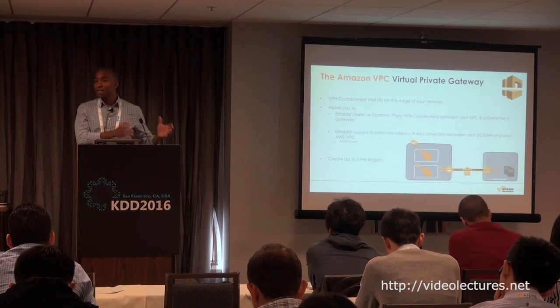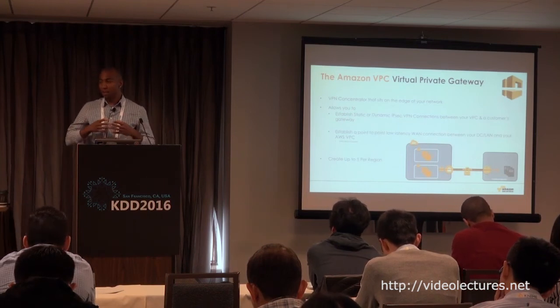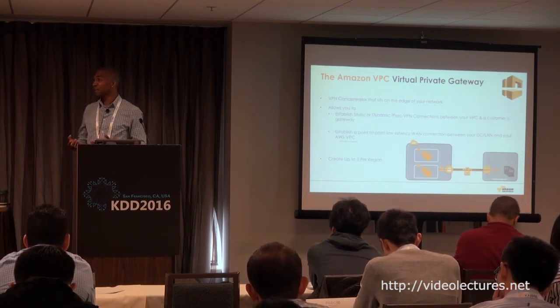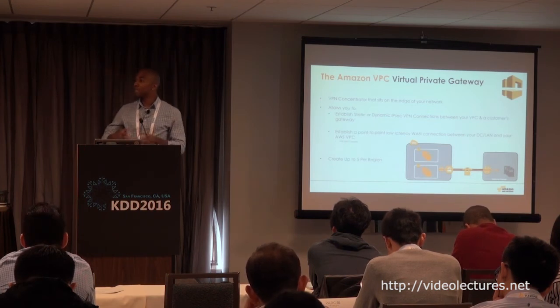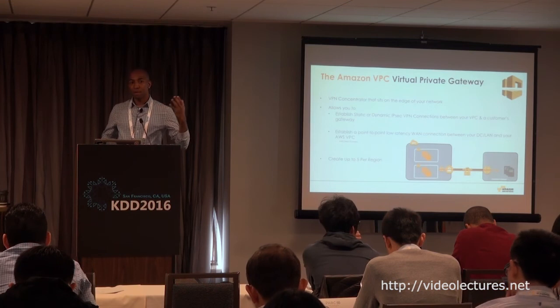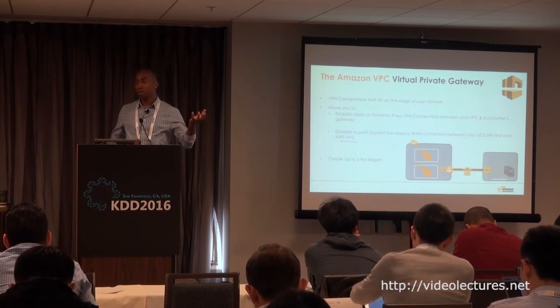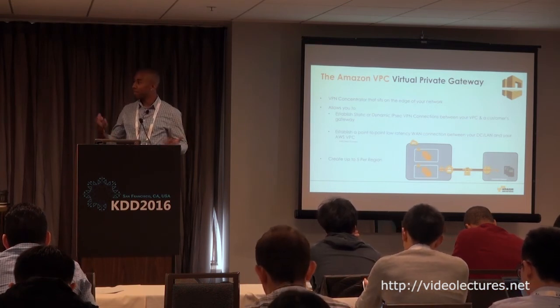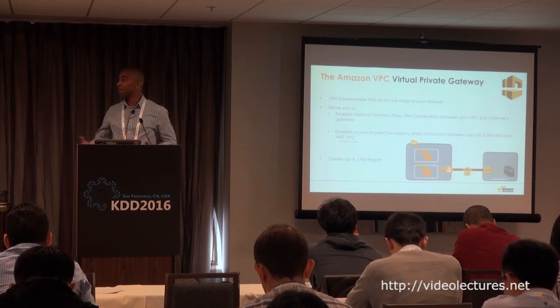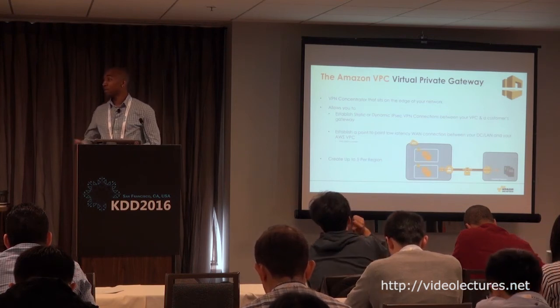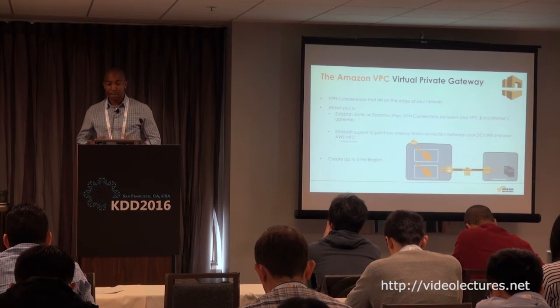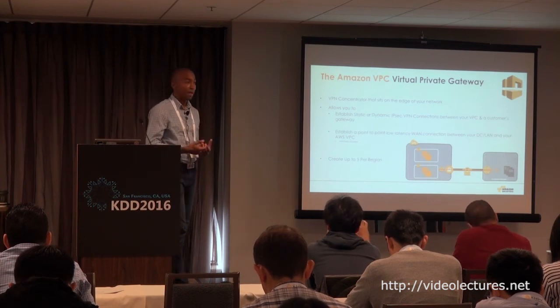If it's not going through my internet gateway, how am I creating that tunnel? The answer is that's handled by a completely different gateway altogether, right? So the entity that handles your public traffic is not the same entity handling your IPsec tunnels or even your MPLS terminations. And that entity is called a virtual private gateway.